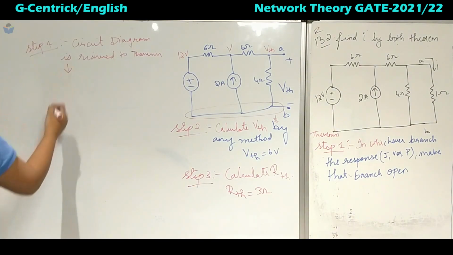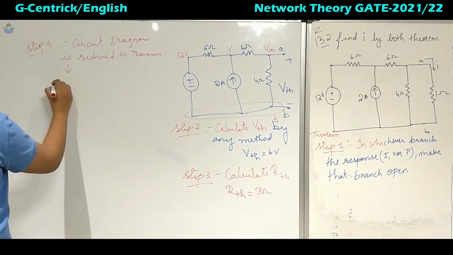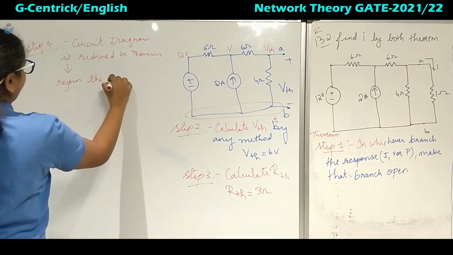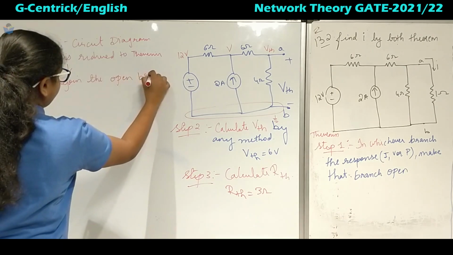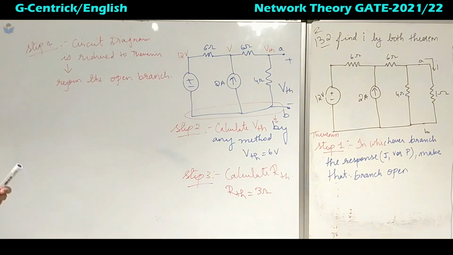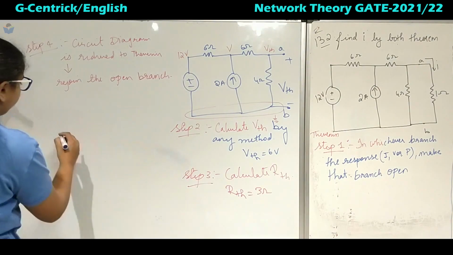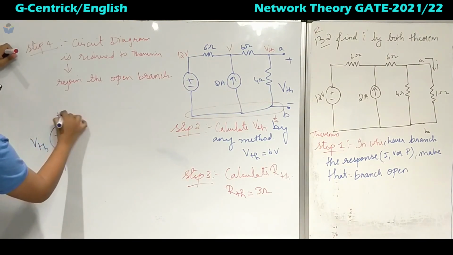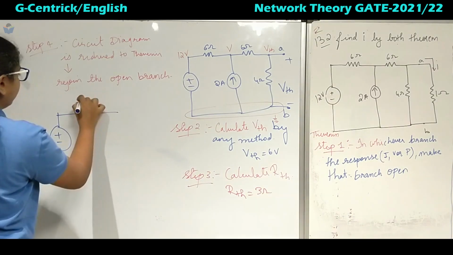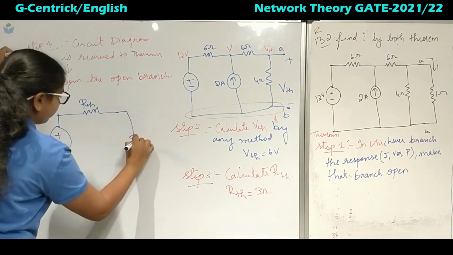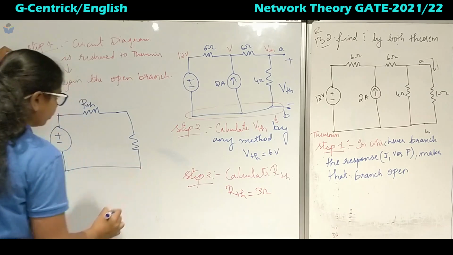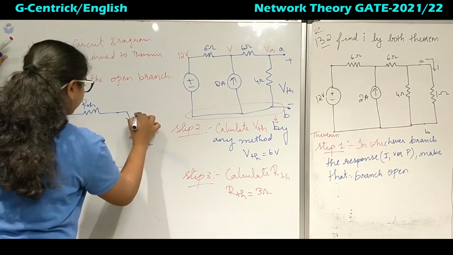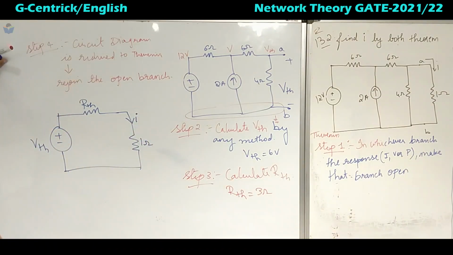Step 4 says that you have to rejoin the open branch. So how do you rejoin it? Now we have got VTH and we have got RTH, and the branch that was open was 1 ohm, and we have to calculate the current through this 1 ohm resistor.